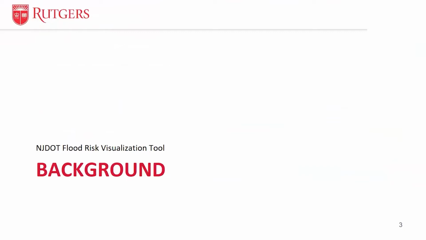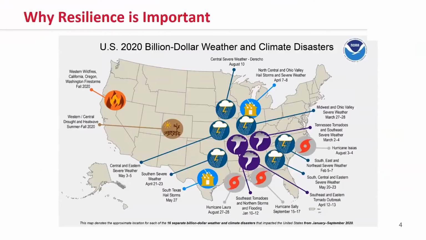So just to start with a little background, I always find these graphics prepared by NOAA really telling and important to think about when we're thinking about why resilience is important, especially to the transportation sector. This happens to be the image for 2020 showing the number of billion-dollar weather and climate disasters that have occurred so far this year.